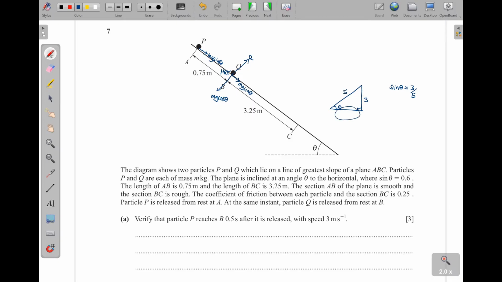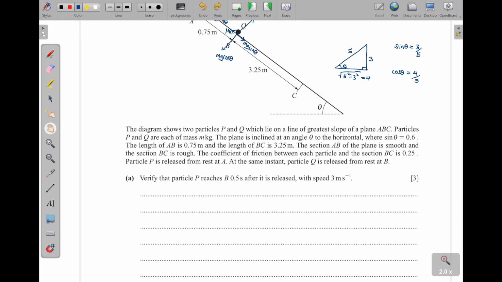That means the adjacent can be the square root of 5 squared, which is 25, minus 3 squared, which is 9. So 25 minus 9 is 16, and the square root gives us 4. So cosine of theta is the adjacent, 4, over the hypotenuse, 5, or you can use 0.8. Okay, now we can start.